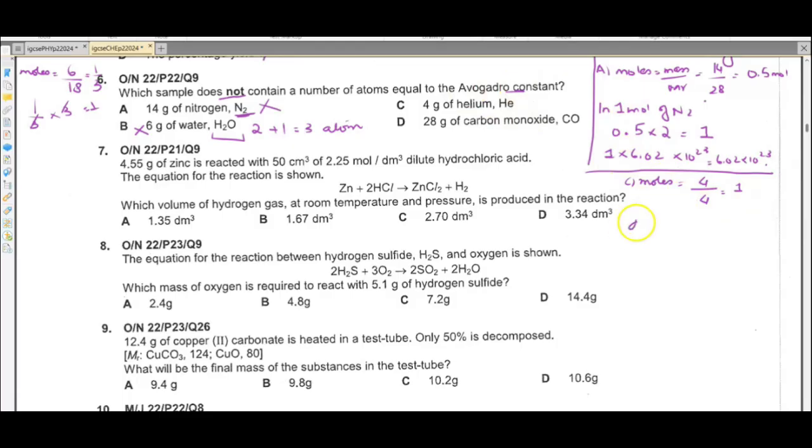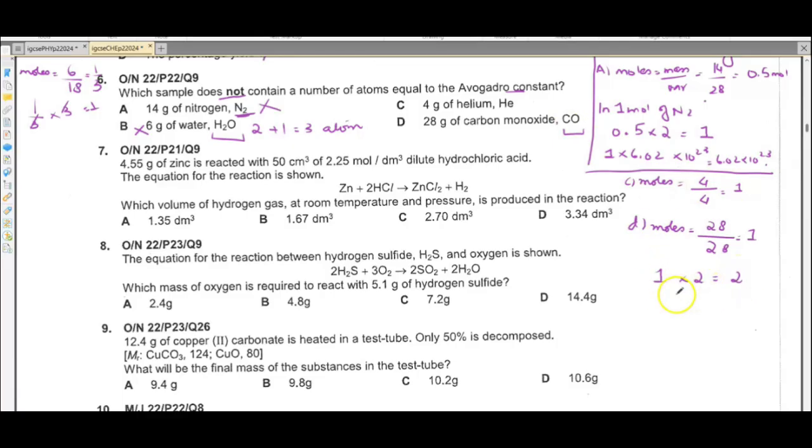Okay. When we move on to our option D, we have 28 grams of carbon monoxide. So the number of moles for it is 28 over the Mr, and carbon monoxide is 12 plus 16. So this is going to give us an Mr of 28. Okay, so this gives us 1. But if you see that there are 2 atoms in the molecule of CO, so we need to multiply this 1 with 2.